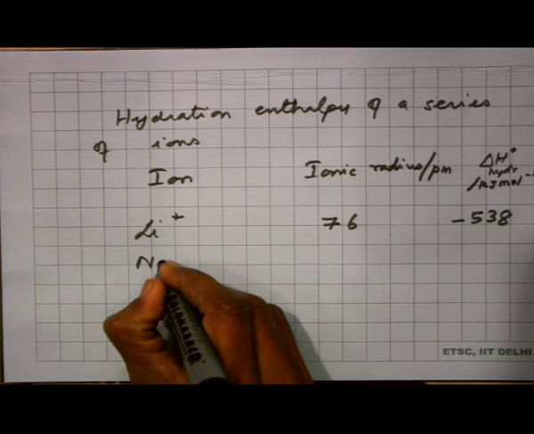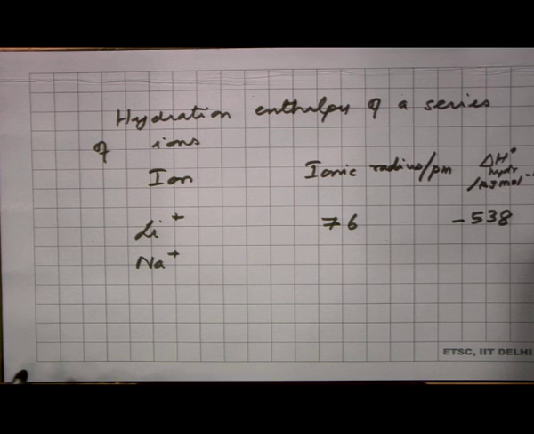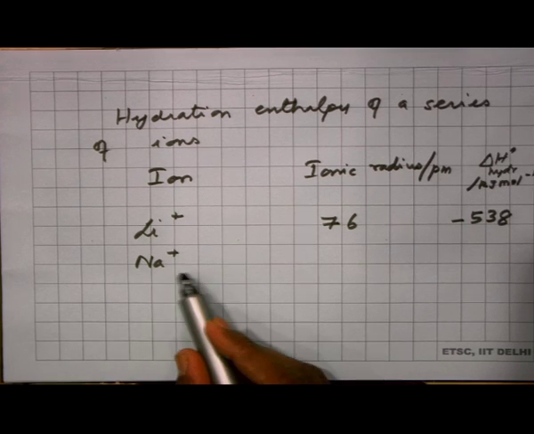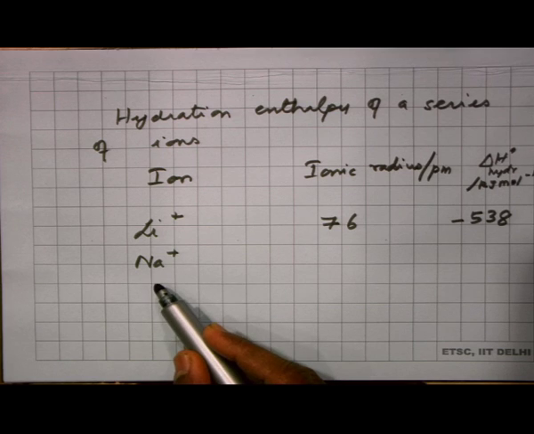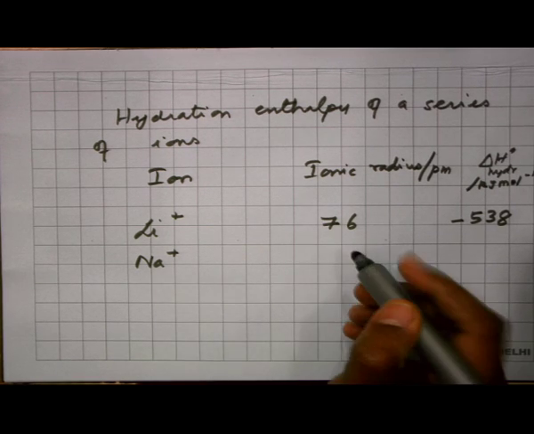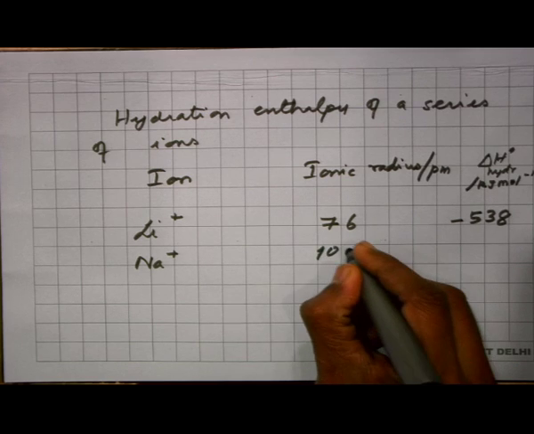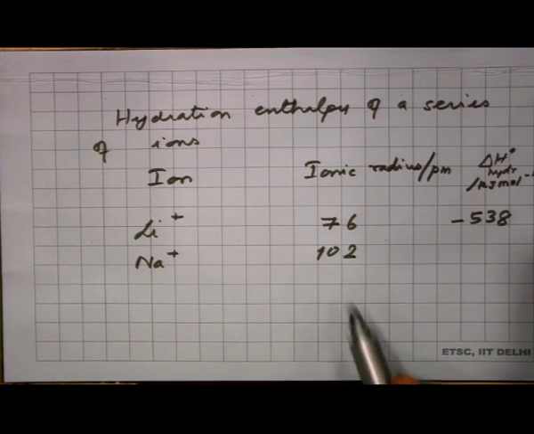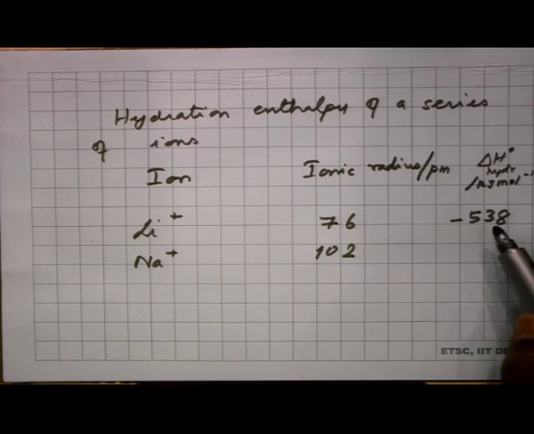Na plus, what do you expect the ionic radius to be relative to Li plus? We know from the periodic trends, if you went down the period, when you go from Li plus to Na plus, the ionic radius would increase. And if the ionic radius increases, we expect that the hydration enthalpy would decrease.